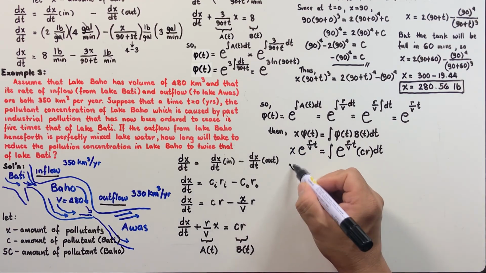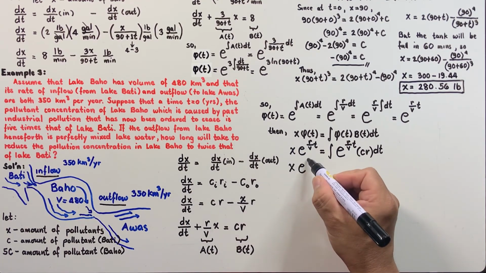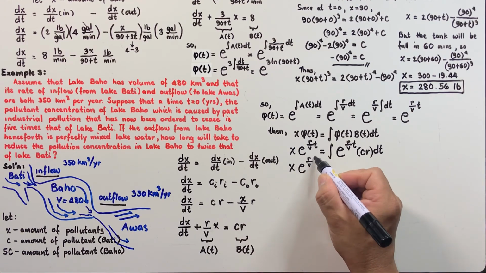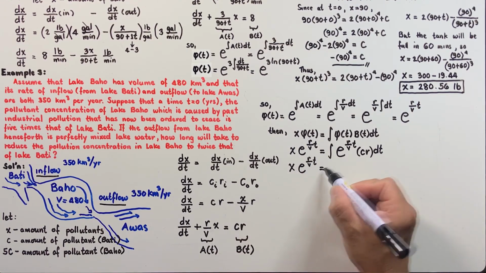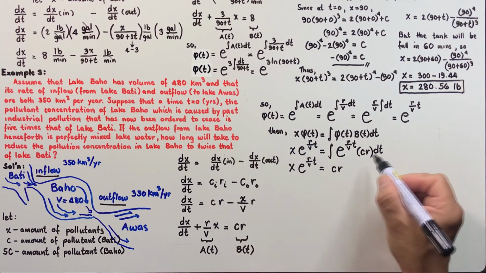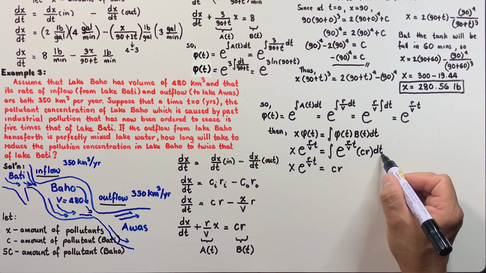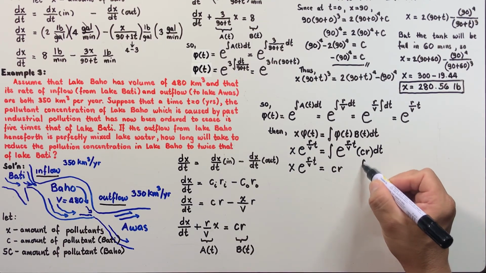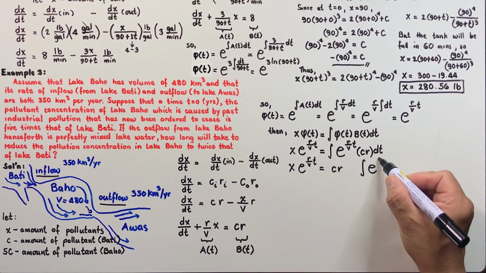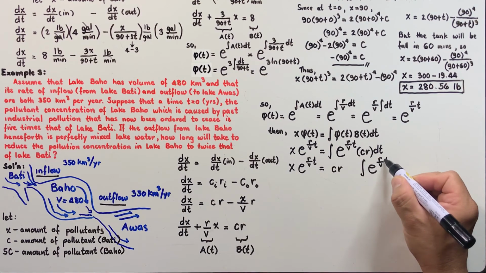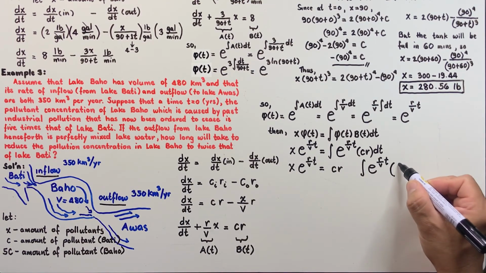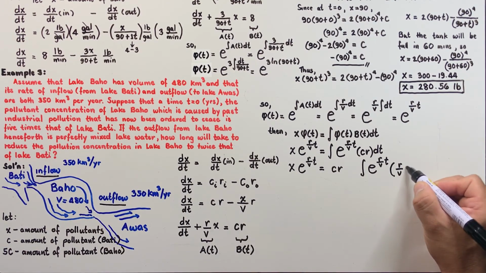So solving this one, we have x times e to the power r over v t, which is equal to cr, because cr is considered constant here since the variable of integration is t, times the integral of e to the power r over v t times r over v dt.